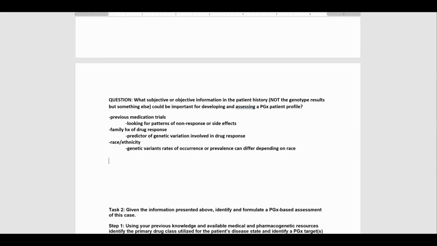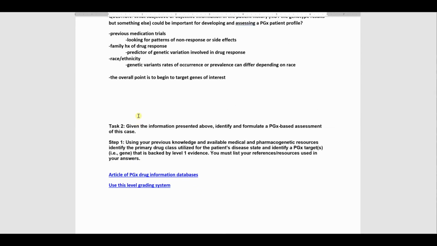So in the end, what we're really trying to do is pick out certain aspects of a patient case that will help lead us to basically target certain genes that'll help us make recommendations. So that really looks at that first question.